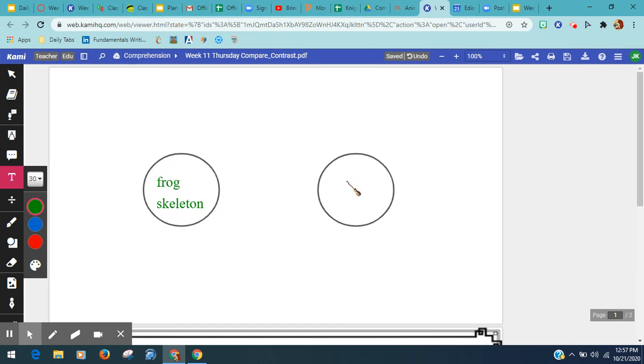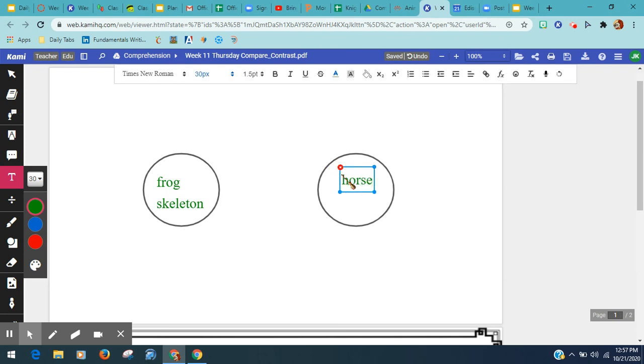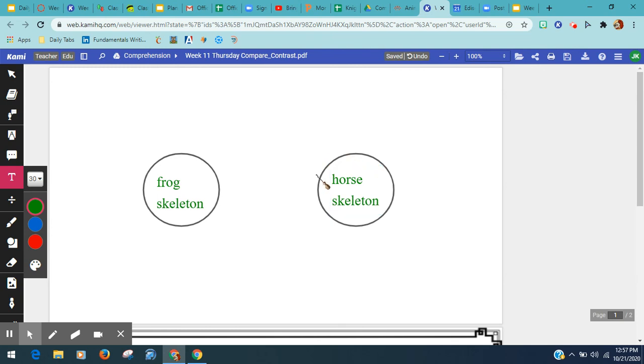And we're going to compare that to the horse skeleton. So you're going to create another bubble that says horse skeleton inside. Go ahead and pause the video and create your 2 bubbles, frog skeleton and horse skeleton.